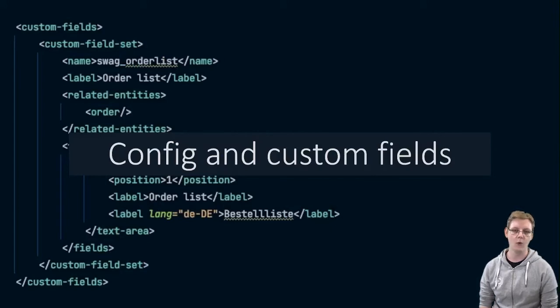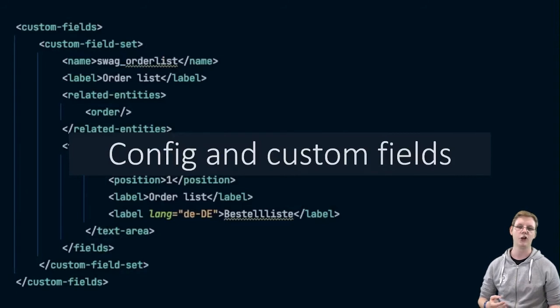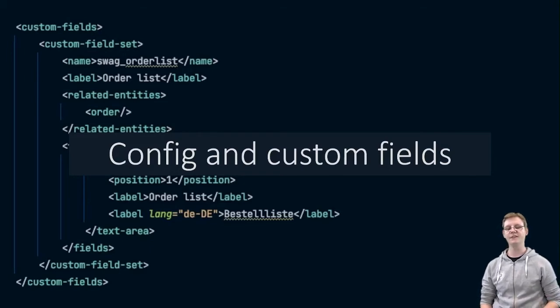And another way to configure apps or to extend shops with apps is through the custom config and fields. As you might know, plugins are able to provide a config XML that auto-generates some configuration fields and a configuration page, and allows the plugin to store globally some configuration for its own namespace.